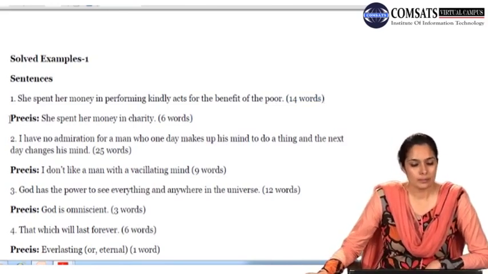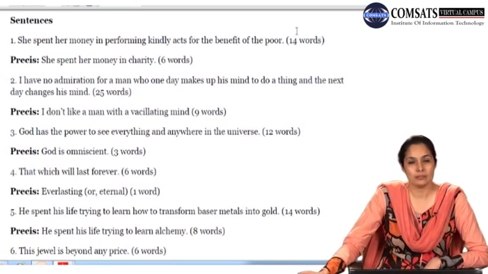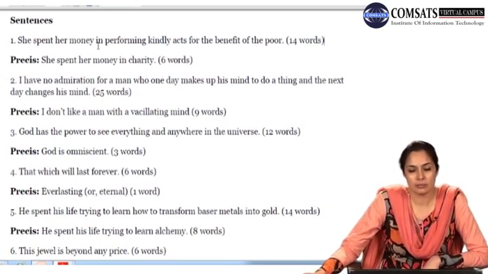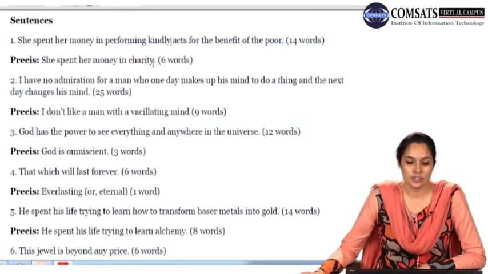Now in these solved examples, we have sentence number 1. She spent her money in performing kindly acts for the benefit of the poor. We have 14 words in this sentence. We have a one word substitute for this whole activity in English language, and that is charity.